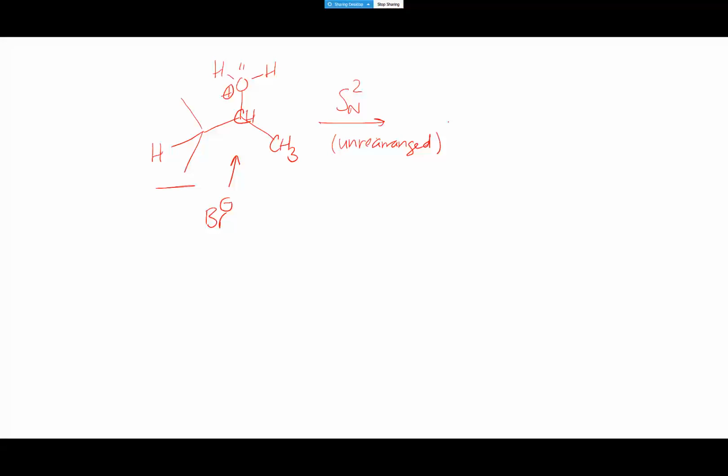So SN2s are on their own. So that's unrearranged. It's rearranged SN1. Now, for the other problems, the rearranged goes with SN1 and E1. So you're going to do the carbocation rearrangement, then you're going to do the SN1, then you're going to write the E1 products as well.